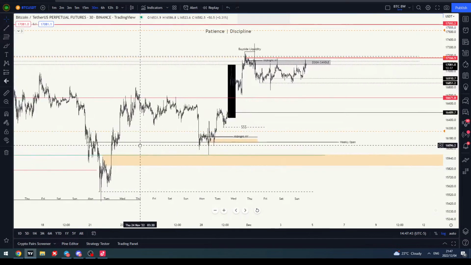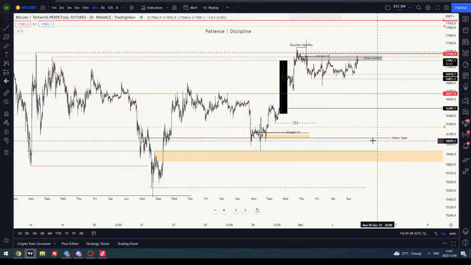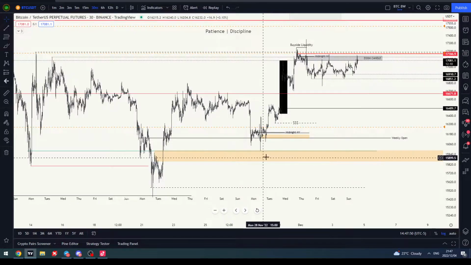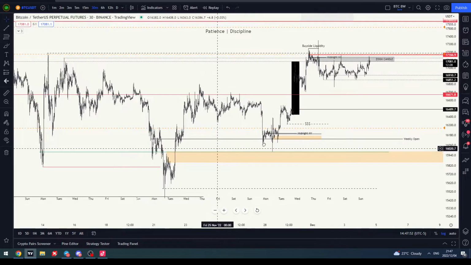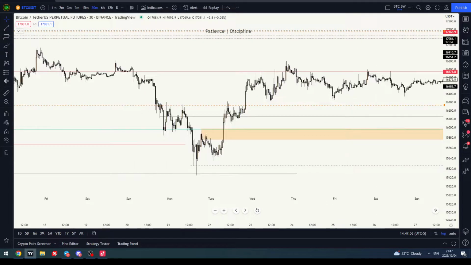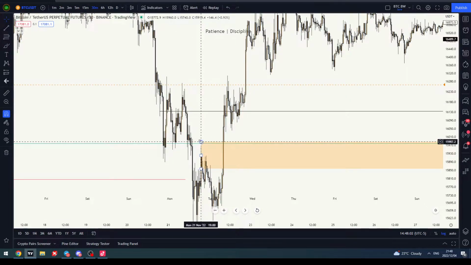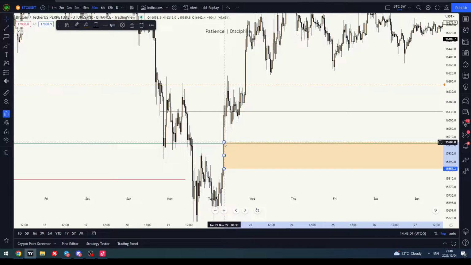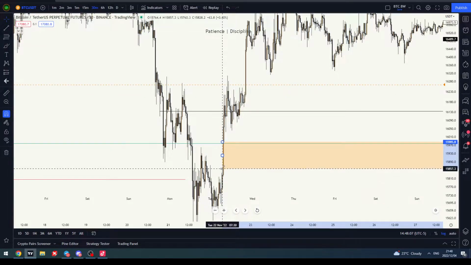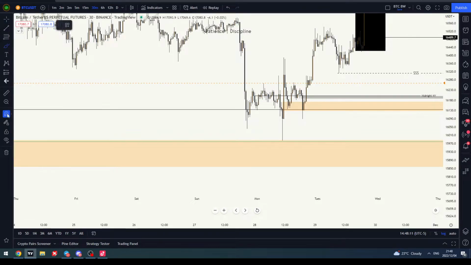I think it was the weekly open. So we came down, we tapped into the weekly open here and just tapped the top of this fair value gap. Not a complete fill, just a tap of the fair value gap. Let's tighten that up before we continue. Somewhere there, this was the fair value gap I'm talking about, and you can see we just tapped into it on BTC here.